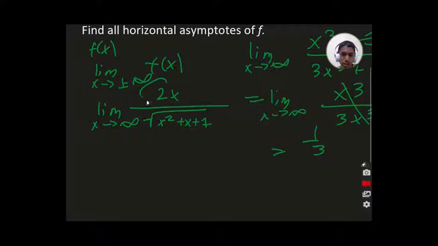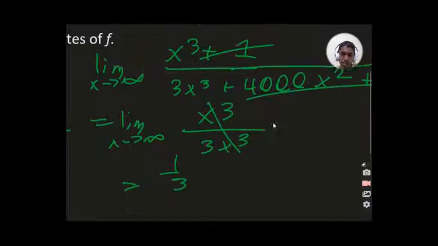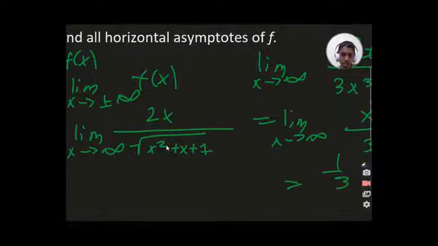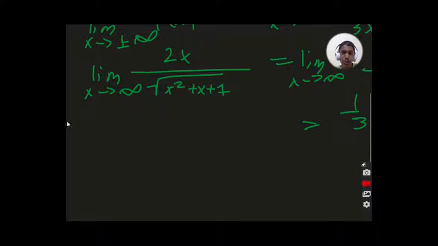So let's go here. There's nothing really to do in the numerator, and in the denominator it looks convincing that I could use the dominant term that we were using in this canonical example, but we have a square root. So what do we do?